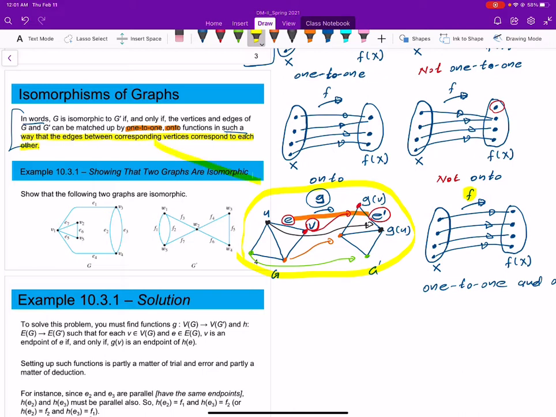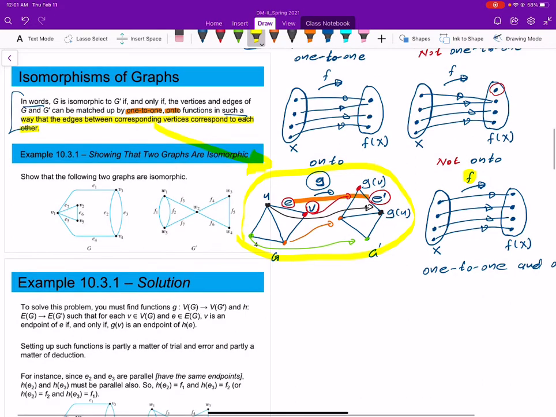Alright, so they are matching. Good. So let's move to the example. You can understand everything by the example. Show that the following two graphs are isomorphic. You are given two graphs, you have to show them isomorphic.